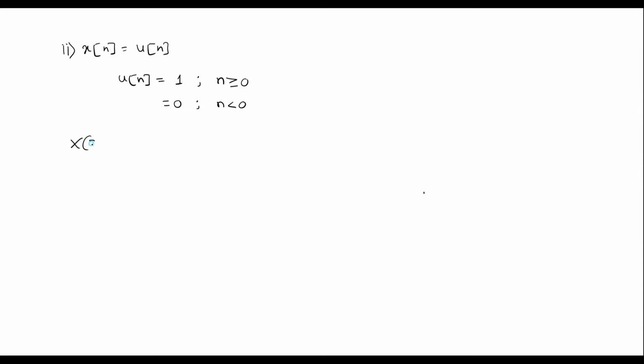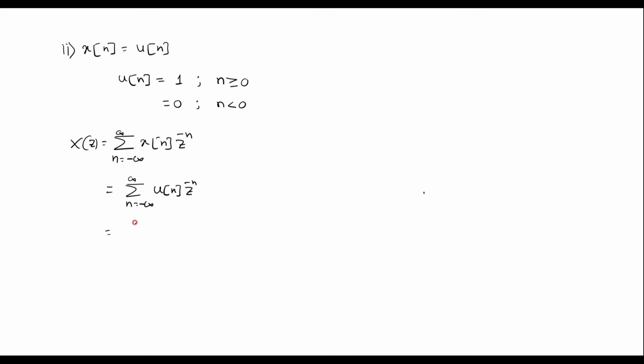The Z transform, that is x of z, is equal to summation n varies from minus infinity to infinity x of n z power minus n, where x of n is nothing but u of n.